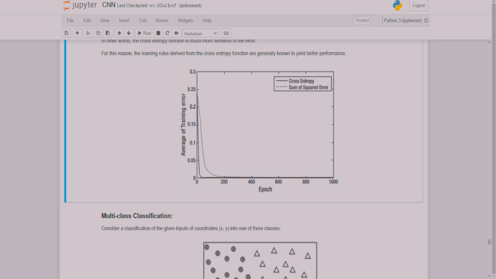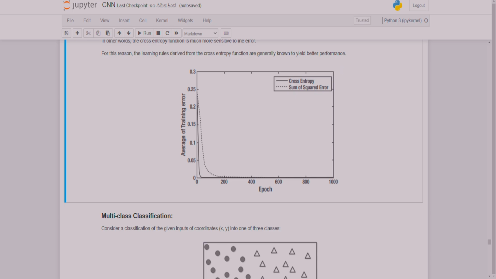So if you are using cross entropy to generate a cost function, that is more effective, saying that it is more sensitive to the error. Okay, all right.